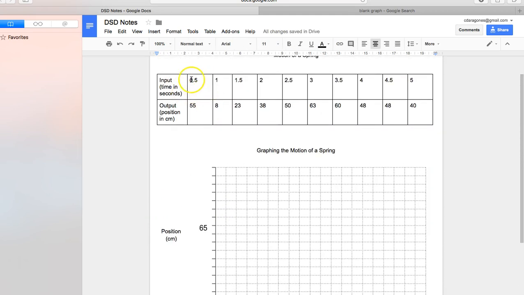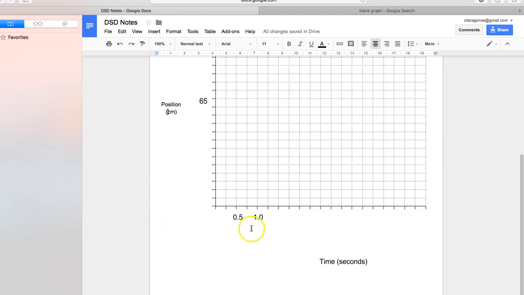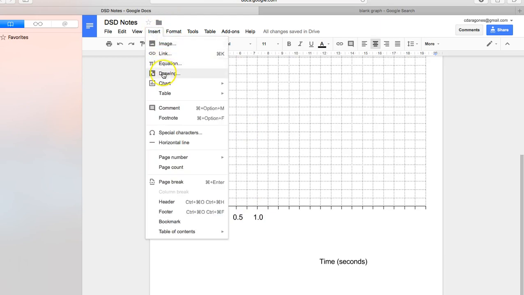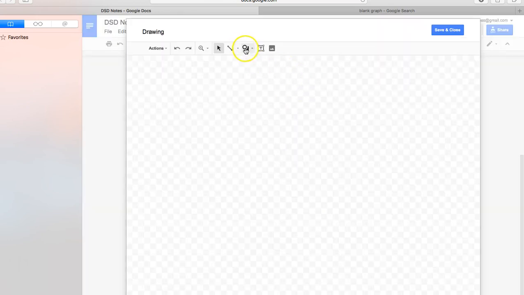So at 0.5 seconds, I was at 55 centimeters. So I'm going to go ahead and put a dot at 0.5 and 55.